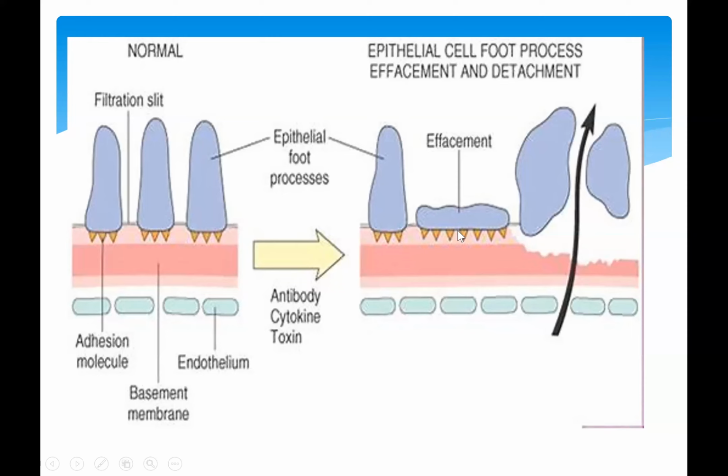The effacement may lead to detachment of your epithelial cells, thereby eventually leading to protein leakage, which you will see in the urine of your patient. So, as I have mentioned a while ago, when you're looking at patients with renal problem, it is important to do your urinalysis and quantitate the amount of protein that is leaking out, because it may differentiate whether you're looking at a nephritic or a nephrotic type.